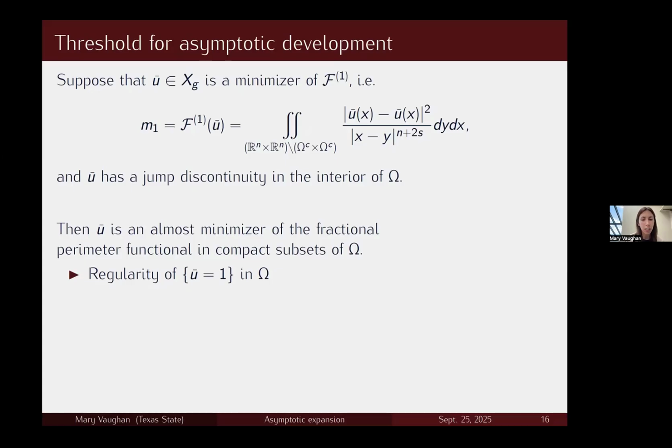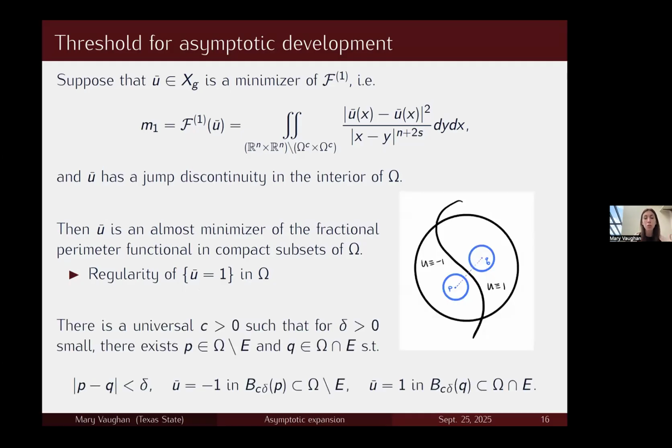But that was studied by a couple people, Valdinoci, Di Castro, and their student Ricardo Vivas, I'm mispronouncing his last name. They looked at regularity of almost minimizers, and so the point is we have regularity of the free boundary of the set where ū is equal to 1, and we're able to use that.